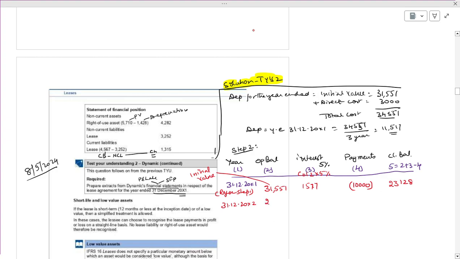23,128. How much is the interest at the rate of 5%? 1,156.